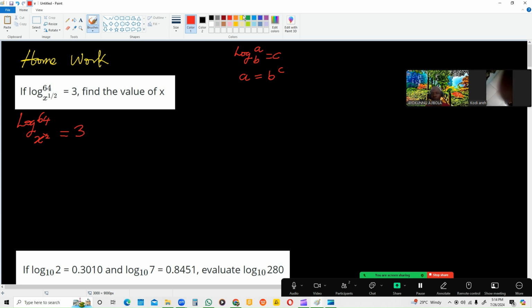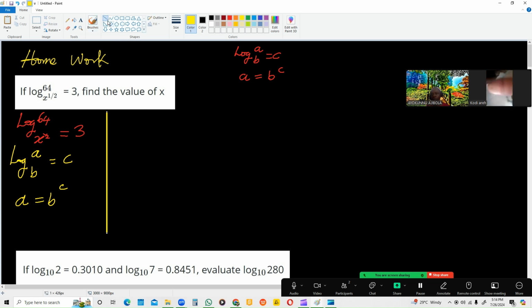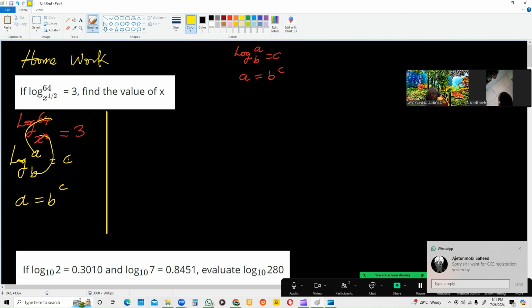So we can now rewrite it, instead of log A base B equals C, which will give us A equal to B raised to power C. We can now say A is in position of 64, B is in position of x raised to power half, and C is in position of 3. Is that clear?